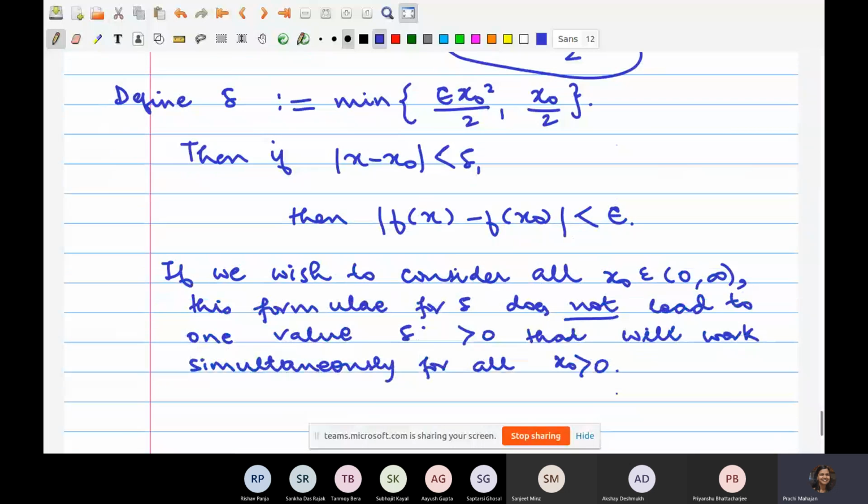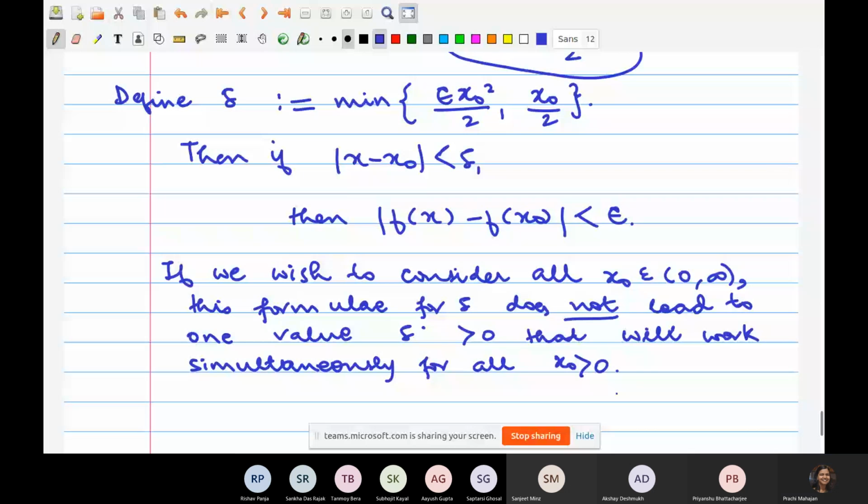There is not a single value of delta that will work for all the x naughts, as x naught varies over the interval 0 to infinity. Why is that the case? Because if I take the infimum of these deltas as x naught goes to 0, that infimum is 0 in this case.